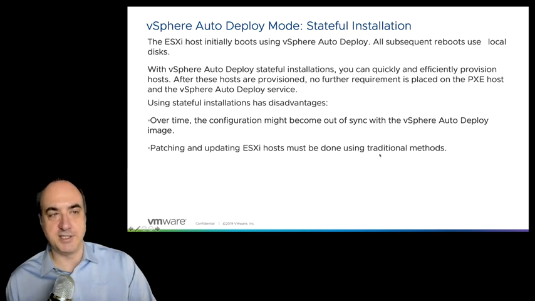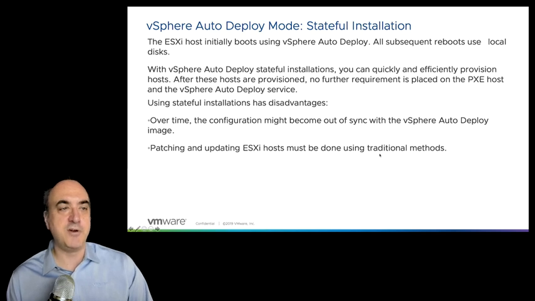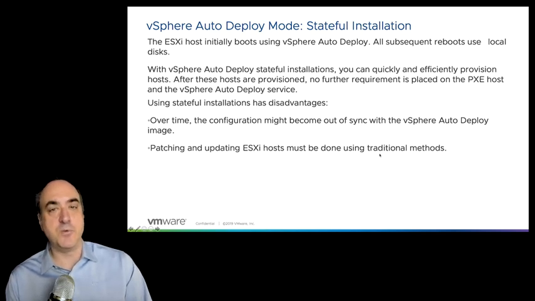The stateful install is different from the other two, though. This is where we use auto deploy just once. The server boots for the first time. It gets its image downloaded off of the auto deploy server, but it actually will be statefully installed on some local boot drive. So now, as far as updates go, we'll actually update these servers in the traditional method.